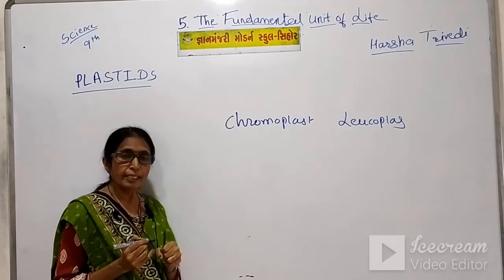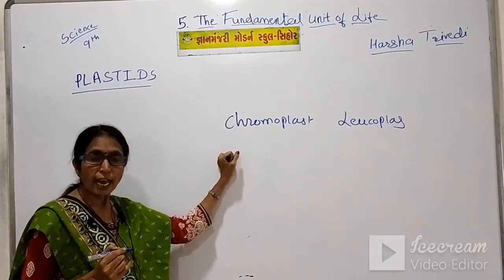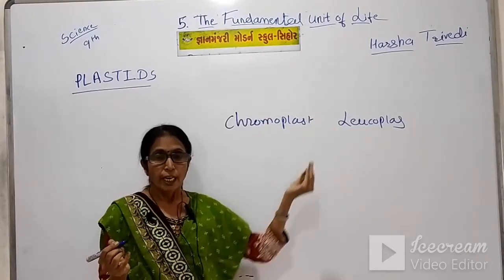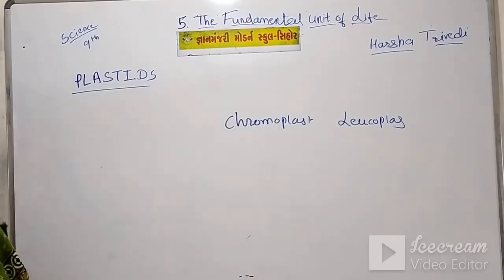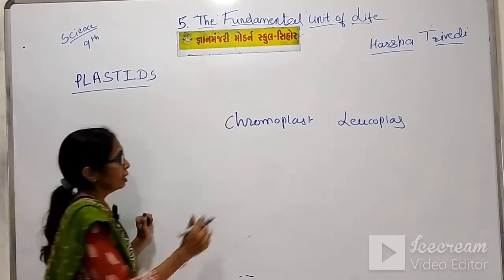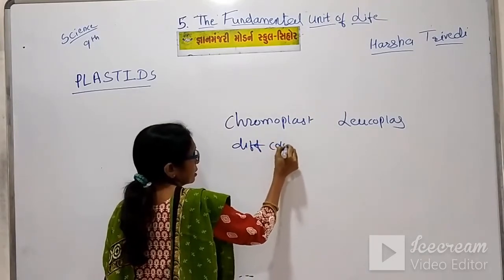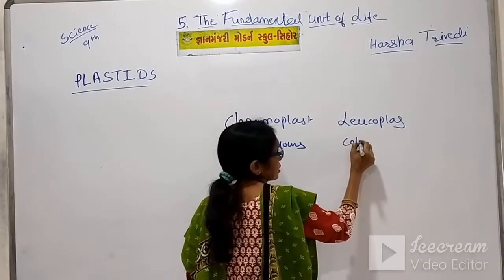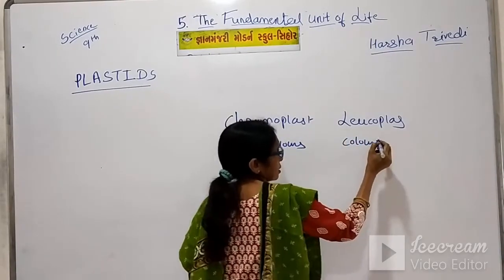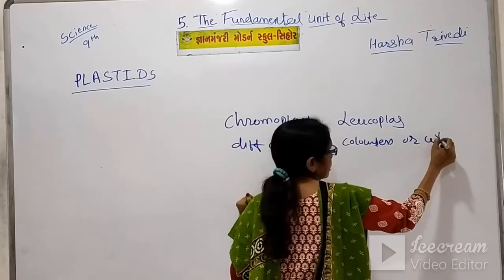Present in a plant cell, chromoplast has different colors and leucoplast is the colorless plastid, or we can say white in color.